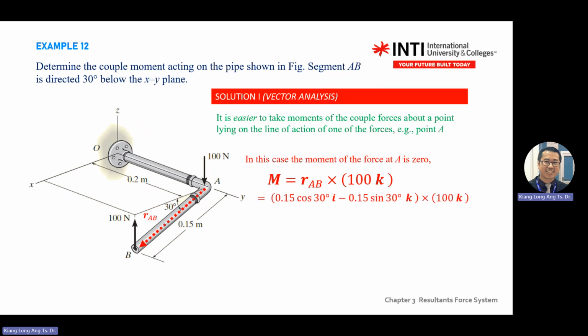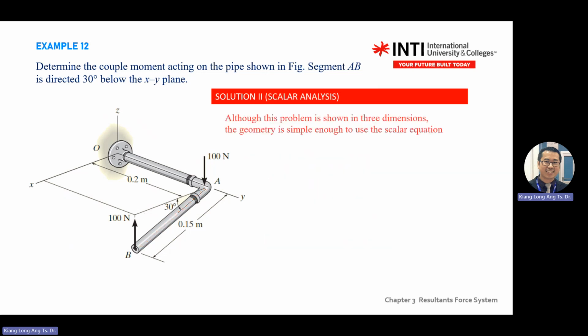So you calculate RB, I and K. J is 0. Then you multiply I K, K K is 0. You still get the same answer.